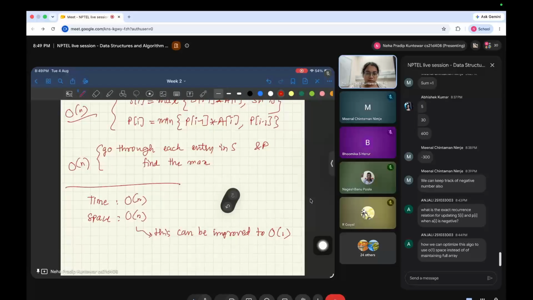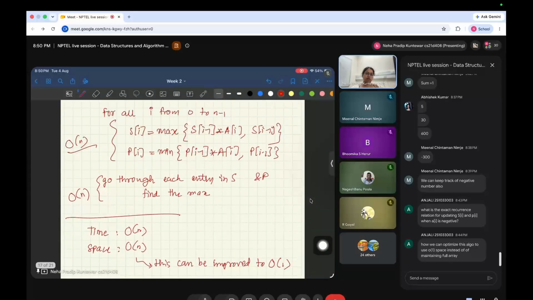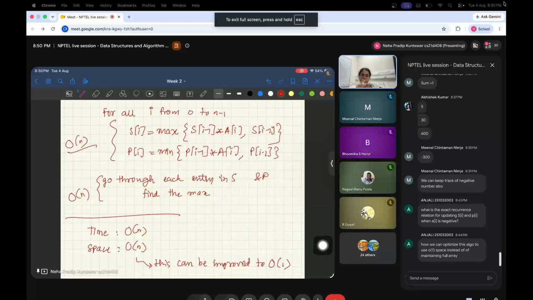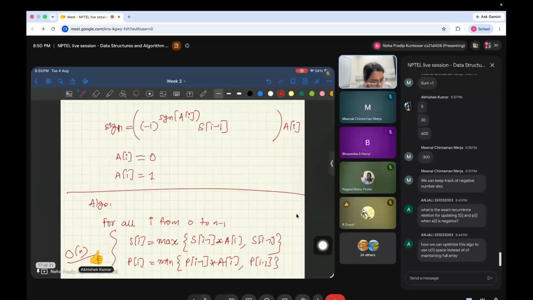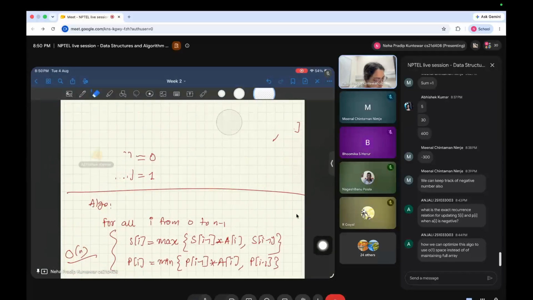So is this algorithm fine? Okay, I will remove this so that there is no confusion.